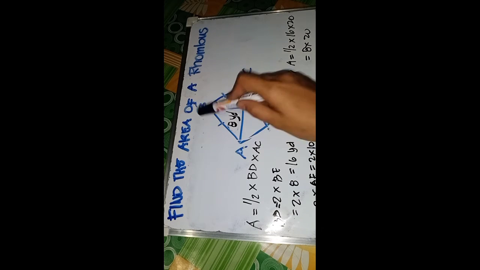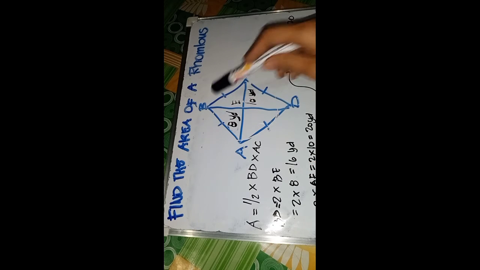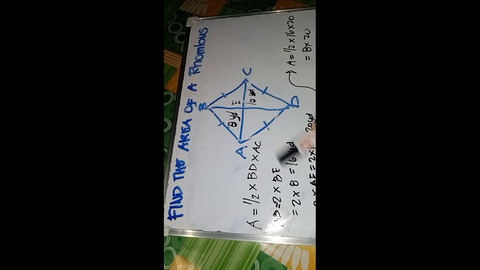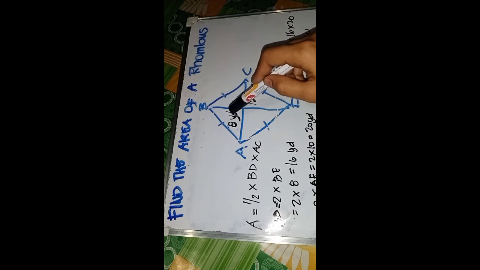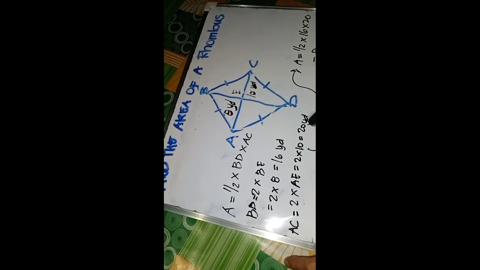That is ABCD, with center E. So in our figure, BD equals 2 times BE. So 2 times BE, that is 8 yards. 2 times 8 is 16 yards. AC equals 2 times the other half-diagonal, that is 2 times 10 equals 20 yards.